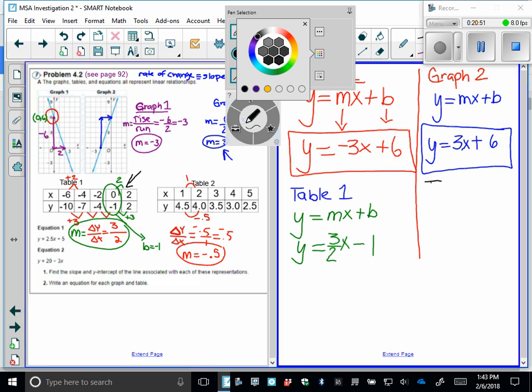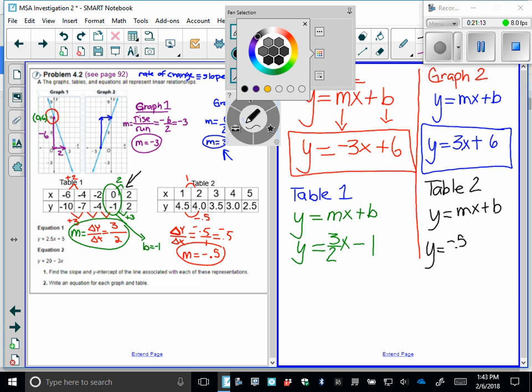So look, table 2, it's normal, like this is a lot of stuff, you guys. So table 2, I'm just gonna always write down my rule, y equals mx plus b. Then I look at table 2 and I ask myself, did I find the slope? What was it? -0.5.